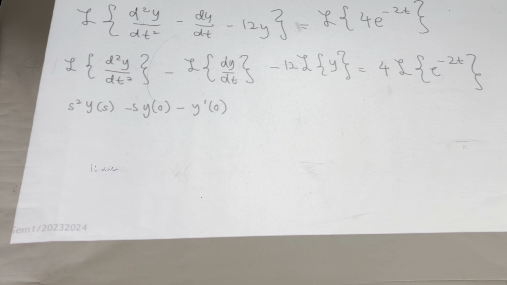And then Laplace of dy over dt is s Y(s) minus y(0), in square bracket. This is 1. And second, minus 12 Laplace of y, which is Y(s). So this is equal to 4 times Laplace of e to the power of minus 2t, which is 1 over s plus 2. So 4 over s plus 2.